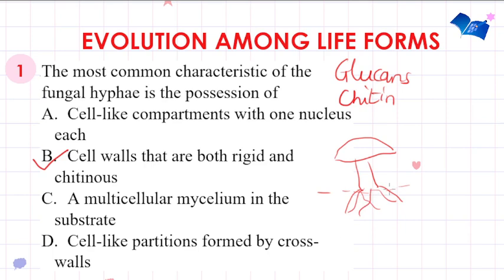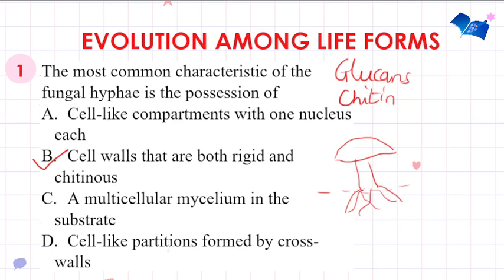Having mycelium in the substrate is particular to basidiomycetes. Other organisms like the ascomycota and other fungi have their mycelium outside. The mycelium can run inside the substrate and it can also run outside. So that is not a unique characteristic of fungal hyphae.